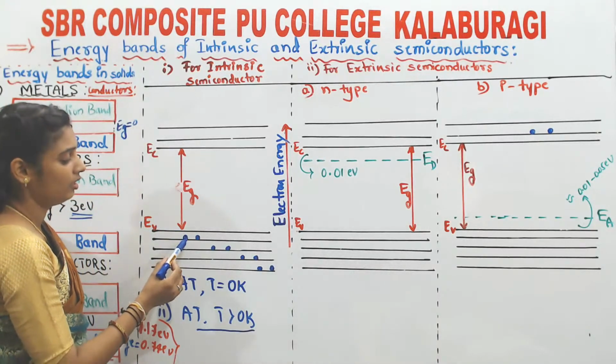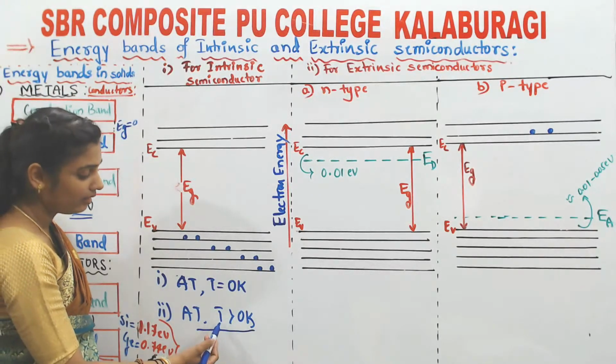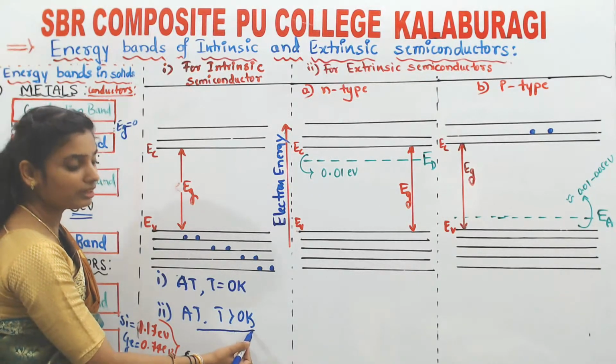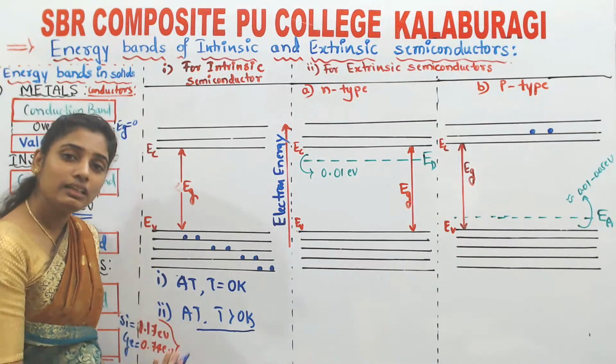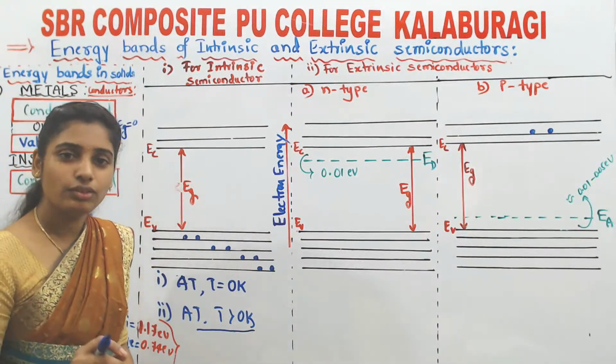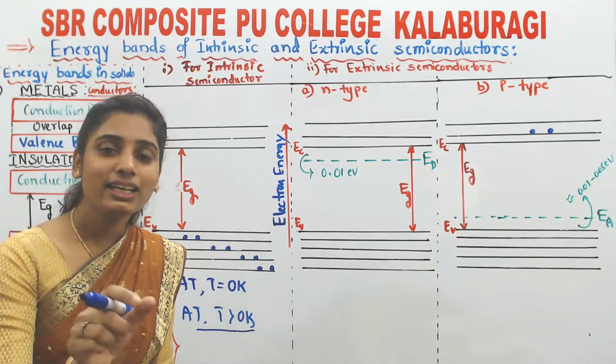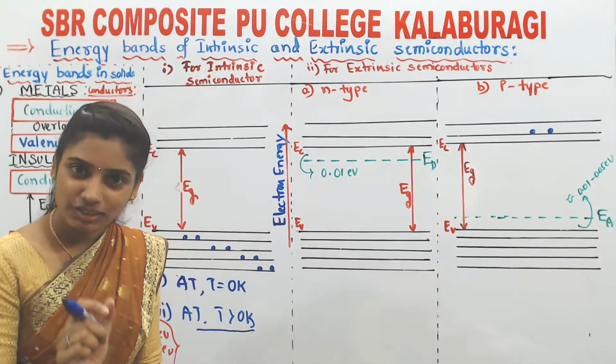So look at this. What may happen? These valence electrons, when they are at a temperature greater than 0 Kelvin, get the thermal energy needed to jump from the valence to the conduction band. I can name it excitation energy.